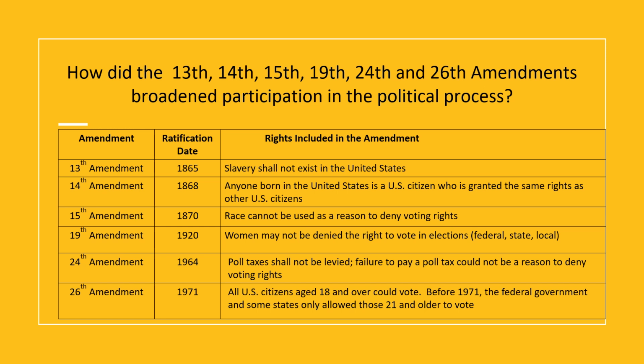Before 1971, the federal government and some states only allowed those 21 and older to vote, and that change that occurred in 1971 now included individuals who were adults in other areas of the law, but they did not have the right to vote.